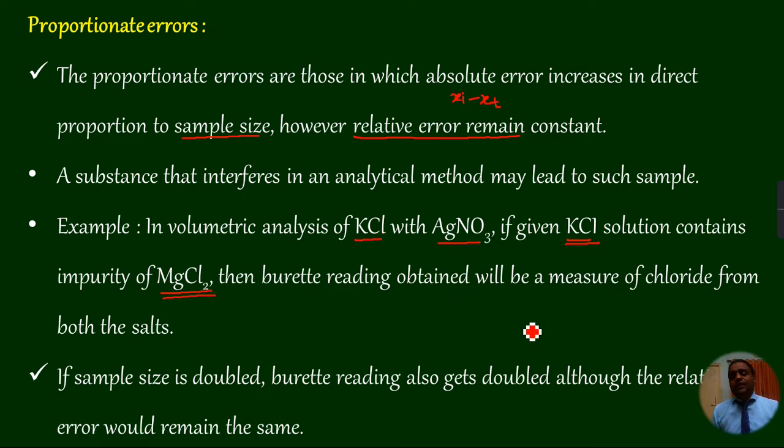In this case, KCl is the substance and magnesium chloride is an impurity, and when you divide the absolute error by the true value, the amount of KCl is going to increase from 5 ml to 10 ml, and whatever increase in magnesium chloride happened will be nullified by the amount of KCl that you are increasing.